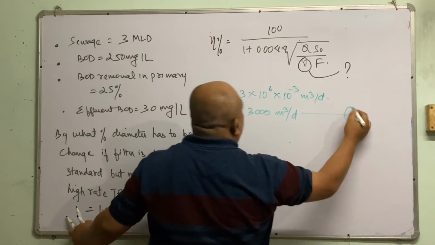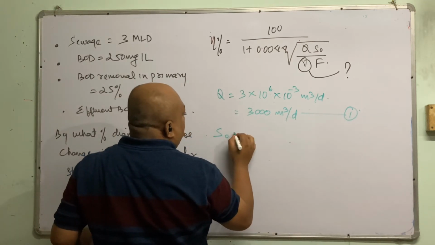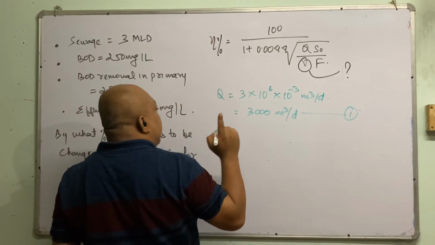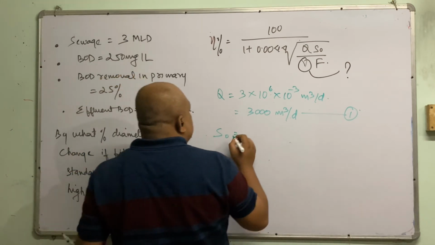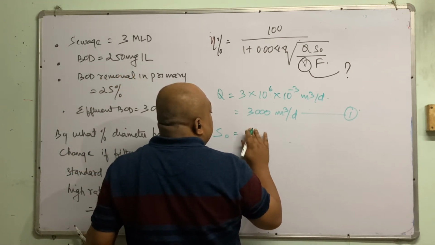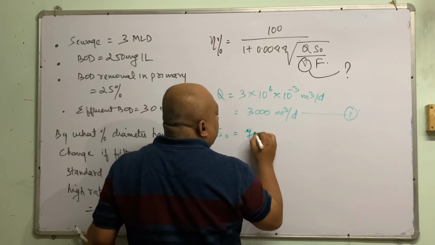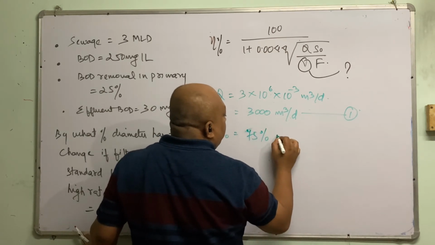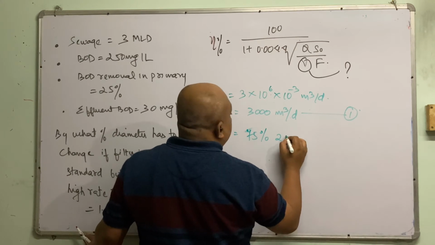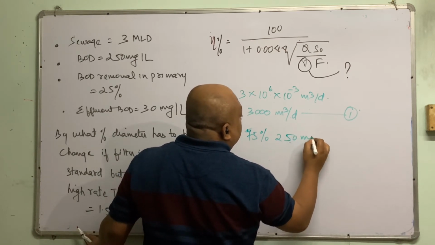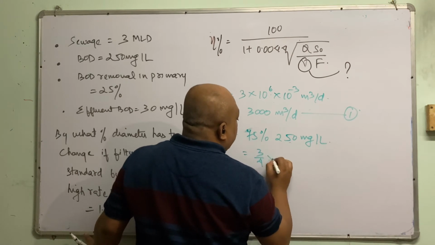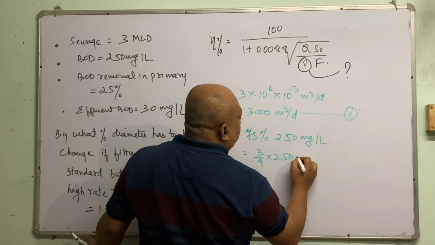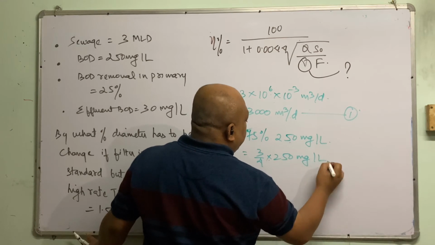This is Q, number one. Number two, what is S naught? S naught should be in terms of kg per meter cube. S naught is 75 percentage of 250 milligram per liter. That is 3 by 4 into 250 milligram per liter.